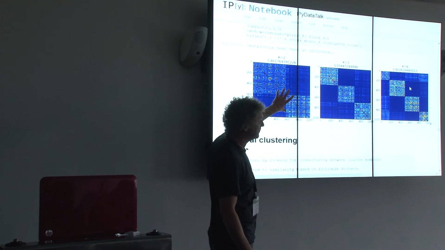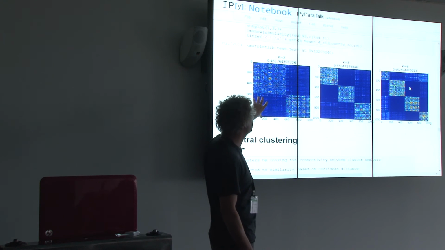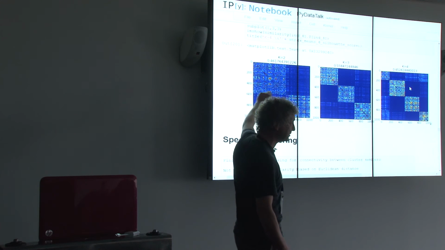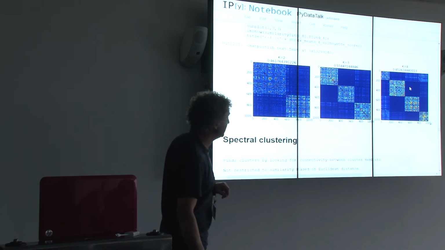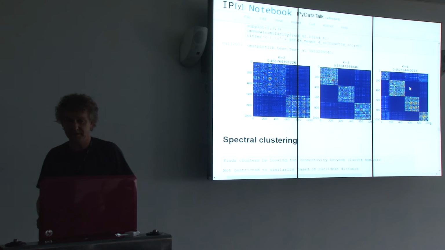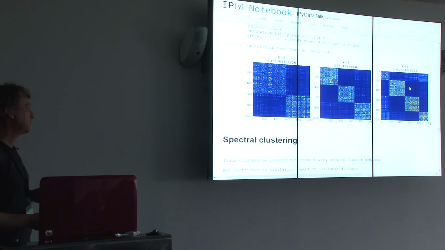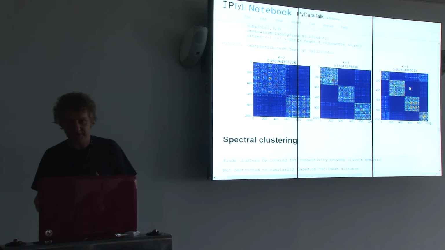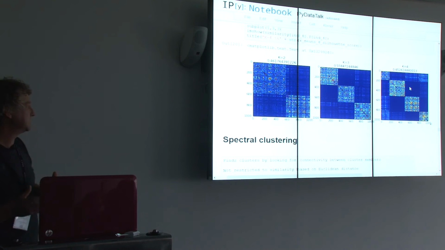But if you can create some sort of similarity matrix where each of the elements is the similarity between two data points, then you can employ spectral clustering. So it's really useful for text-based data and network data, things that don't naturally fall into a sort of Euclidean representation.